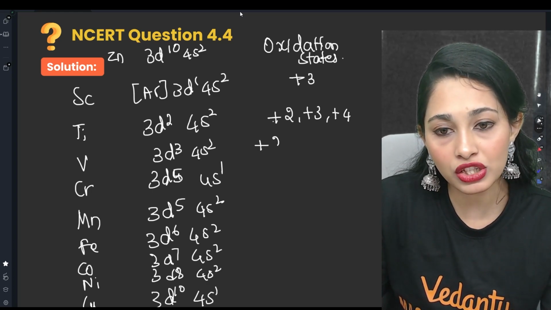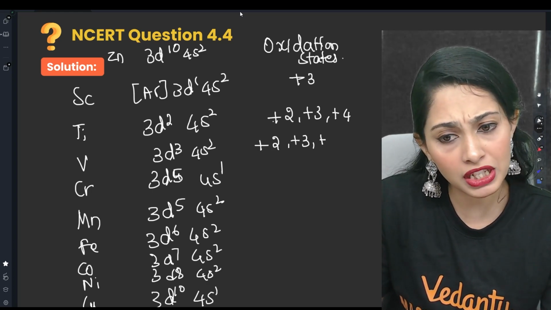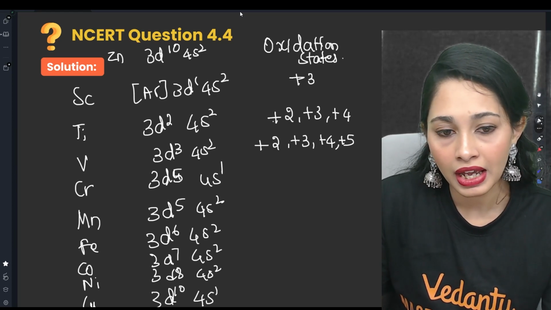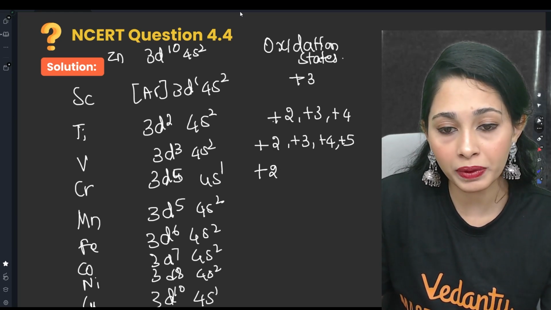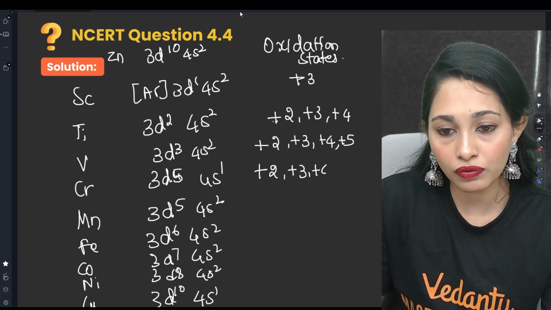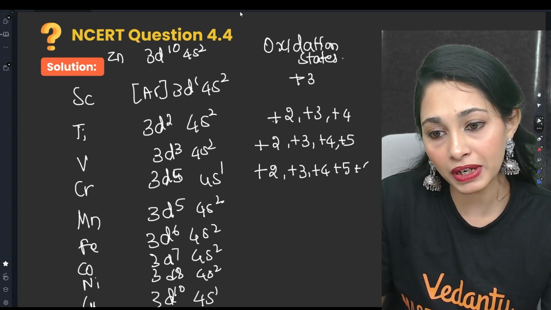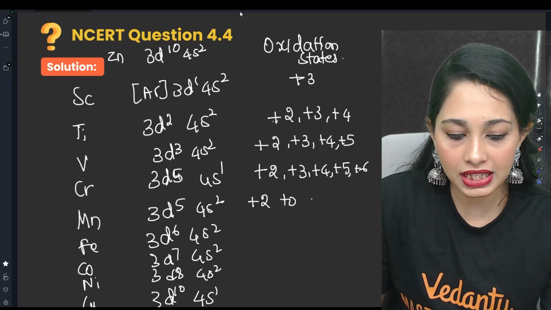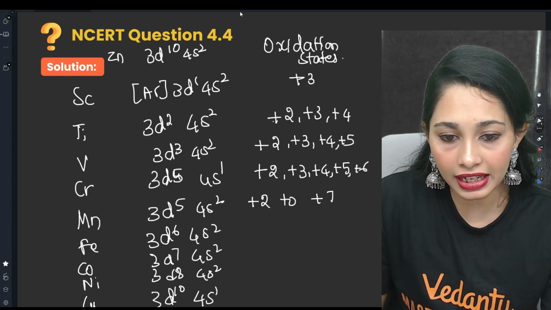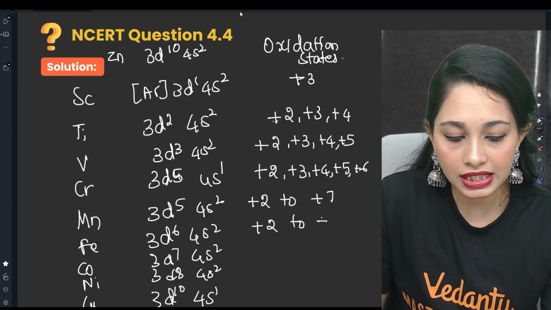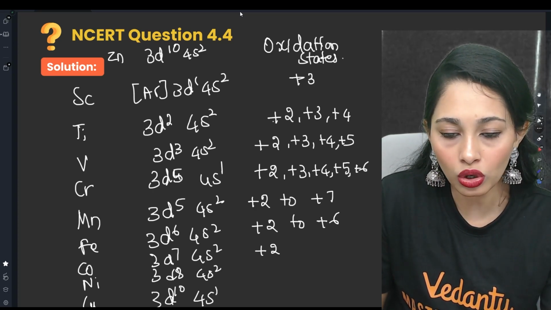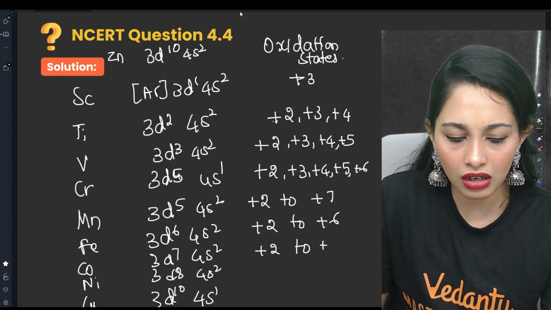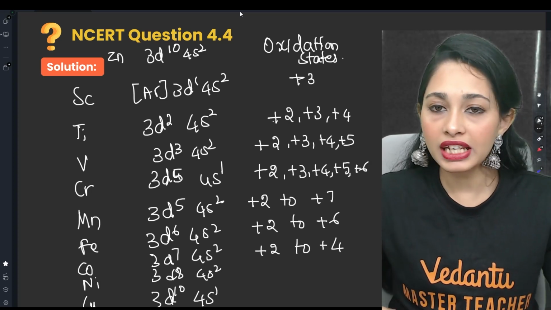Vanadium +2, +3, +4 as well as +5. Chromium +2 to +6, manganese +2 to +7, and iron again +2 to +6. Cobalt +2 to +4. Okay, so the list goes on here.